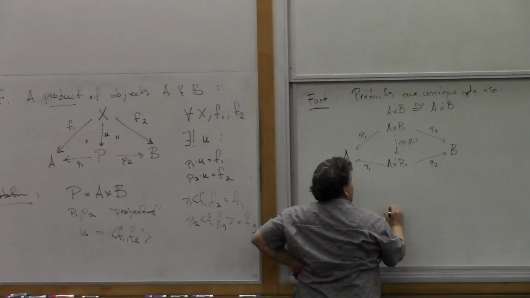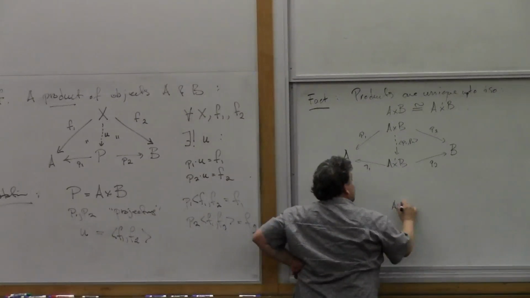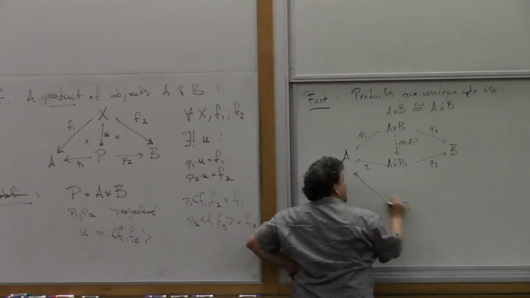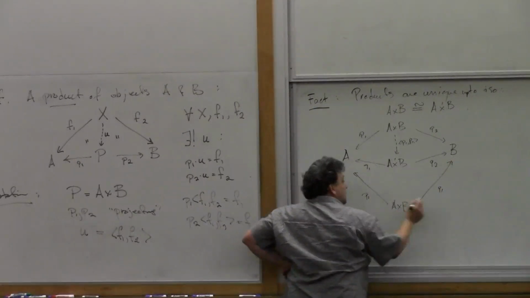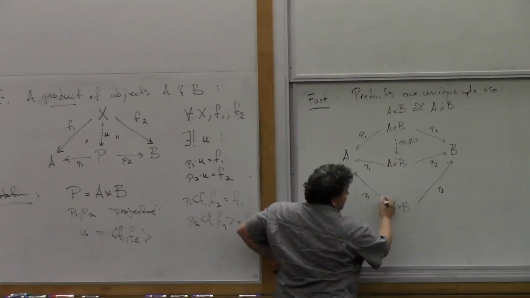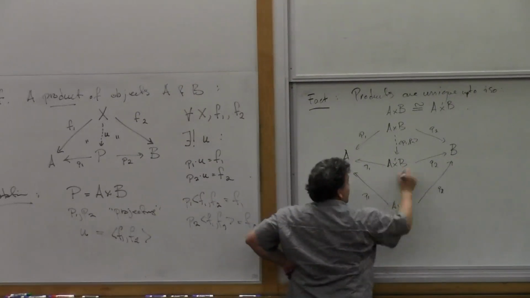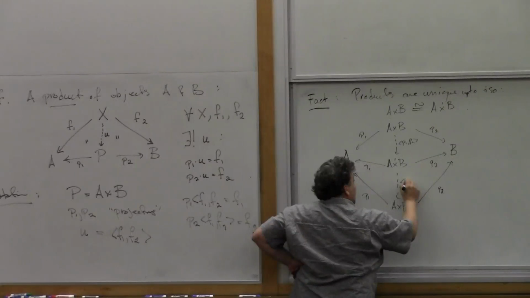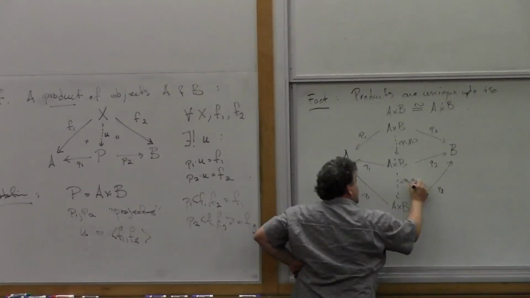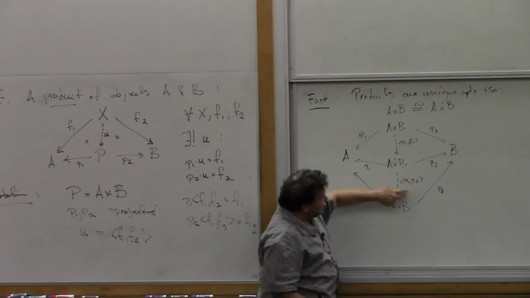And if this one is a product, then because this has a pair of arrows, there must be a unique map here, ⟨Q1, Q2⟩, making these two triangles commute.